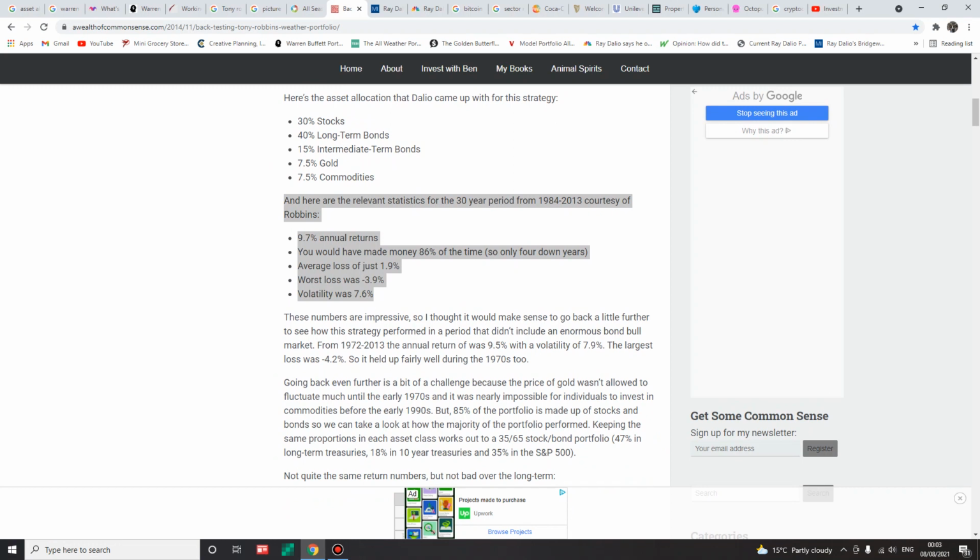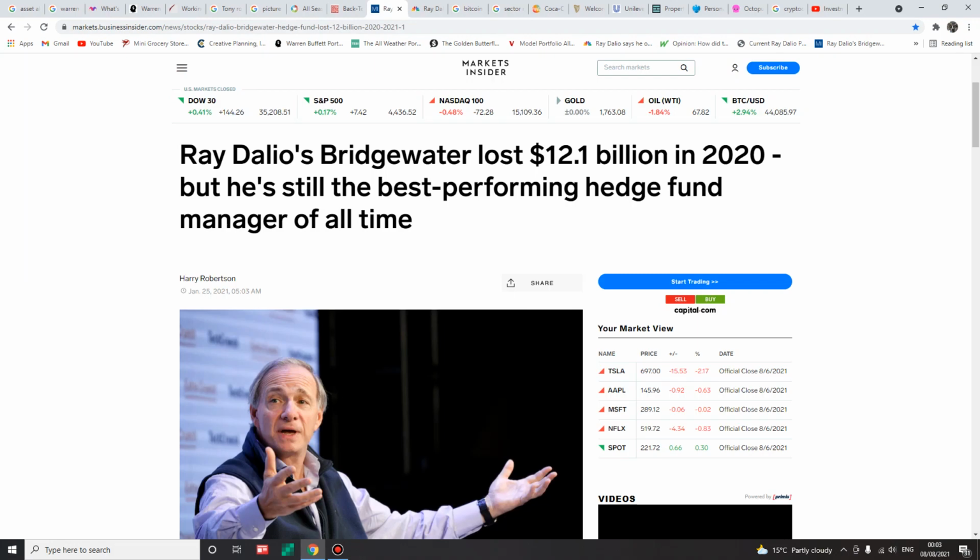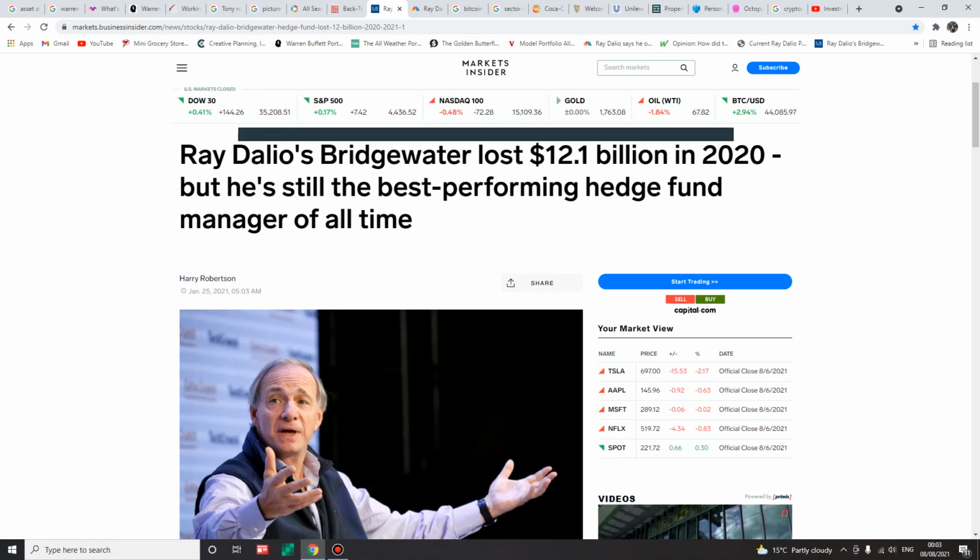Okay, now let us fast forward to, say, 2000 onwards till date. You see, Ray Dalio lost $12.1 billion in 2020. Wow. Though he's still the best performing hedge fund manager of all time, according to what they say.